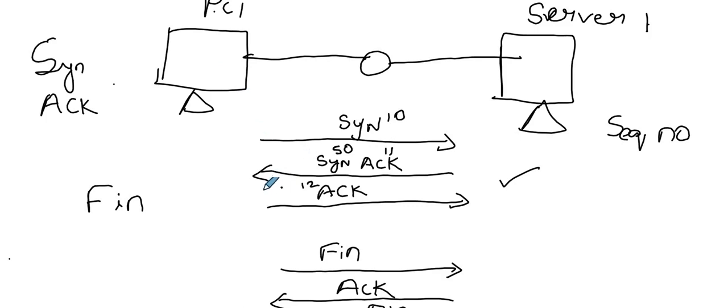This is called a TCP retransmission. This time server 1 receives it and sends the acknowledgement packet 22, telling PC1 that it was received.